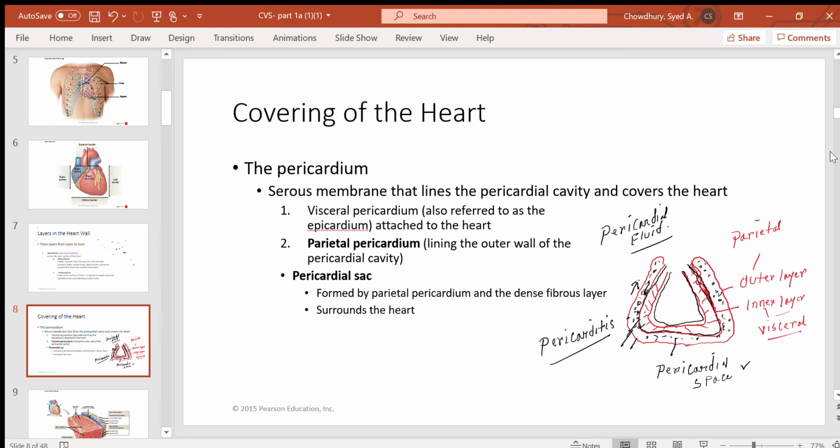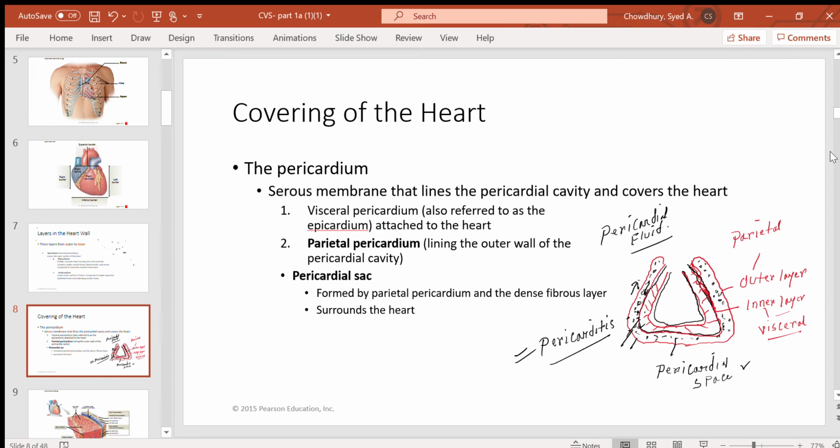The fluid can get bad, and the two layers may get attached to each other and rub each other, and that will cause sharp pain. So that is a clinical condition, pericarditis, and it causes pain because of friction between the two layers.